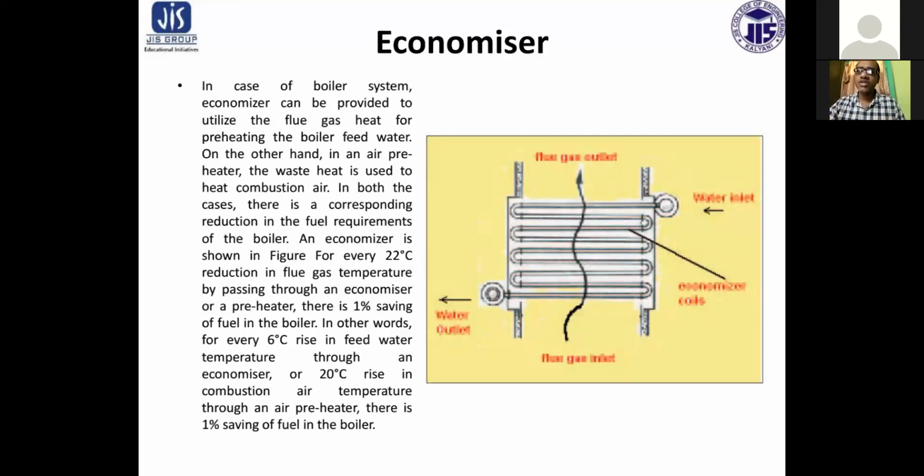As we know, preheated air is very useful for combustion, as it reduces the moisture content in the air. In earlier discussions we covered many types of air preheaters, and in this session we will discuss types of economizer. In both cases, there is a corresponding reduction in the fuel requirement of the boiler.